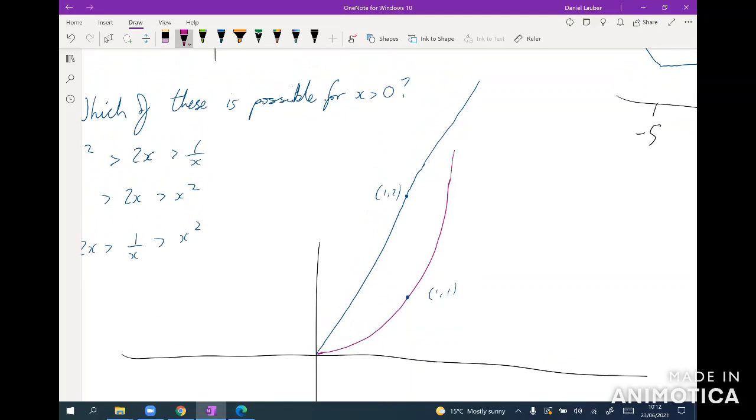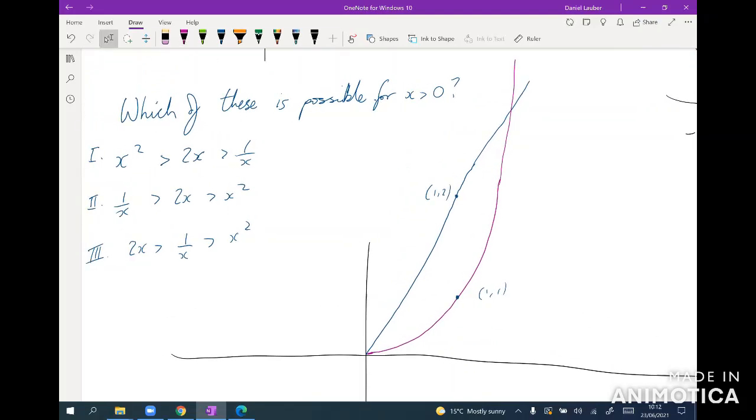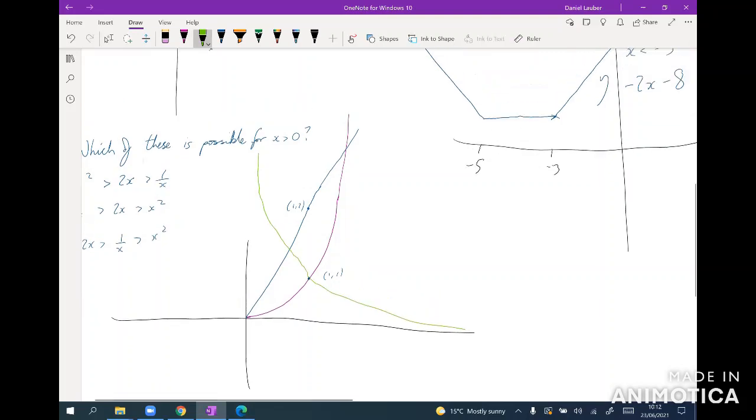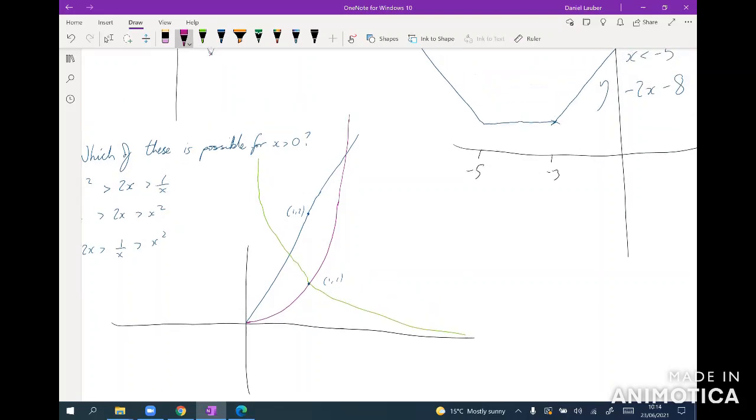And then sort of goes up there. The x squared is going to overtake it at some point. And then 1 over x, what does it do? Well, it sort of comes down like this and also goes through the point 1, 1.